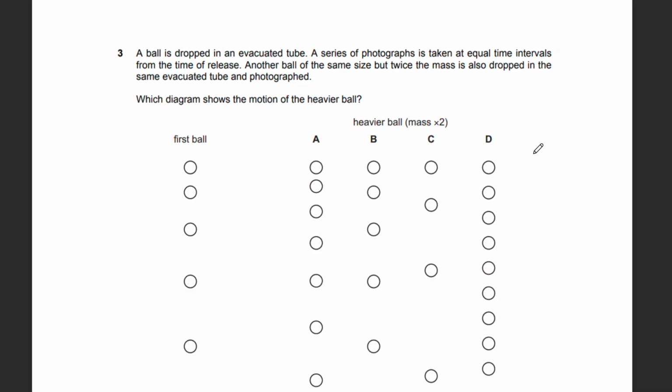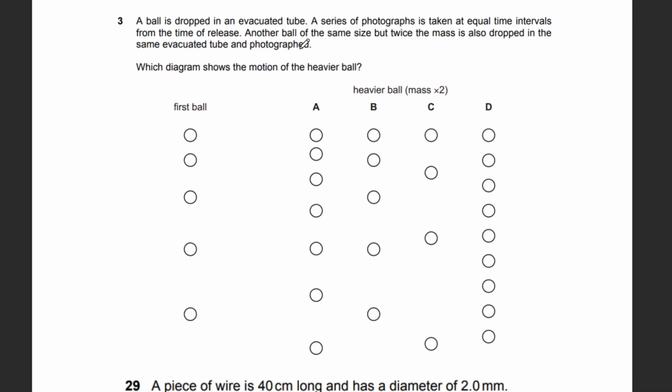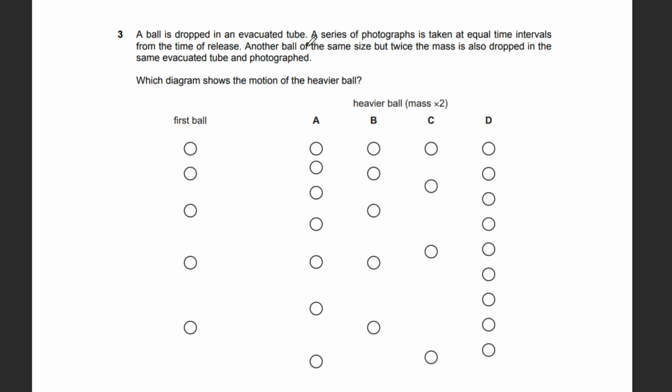3. A ball is dropped in an evacuated tube. A series of photographs is taken at equal time intervals from the time of release. Another ball of the same size but twice the mass is also dropped in the same evacuated tube and photographed. Which diagram shows the motion of the heavier ball?